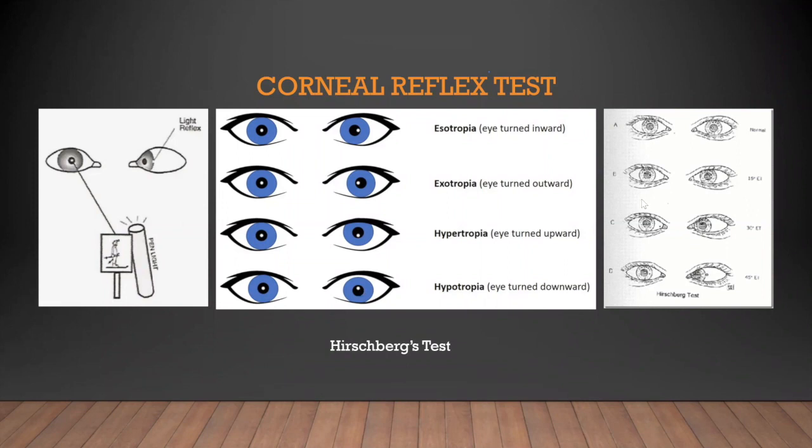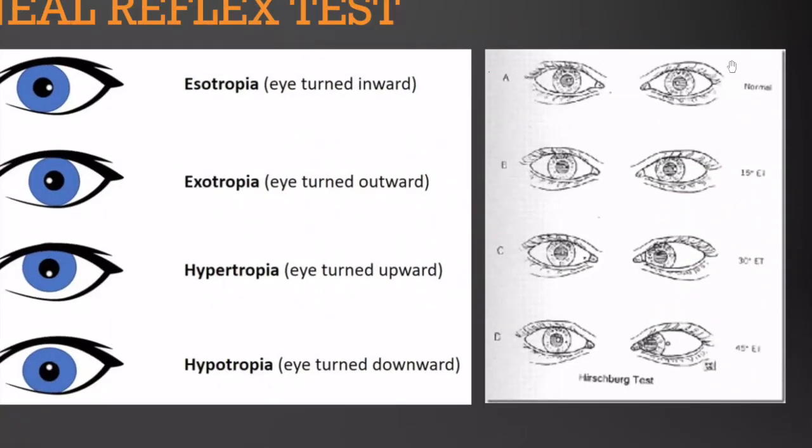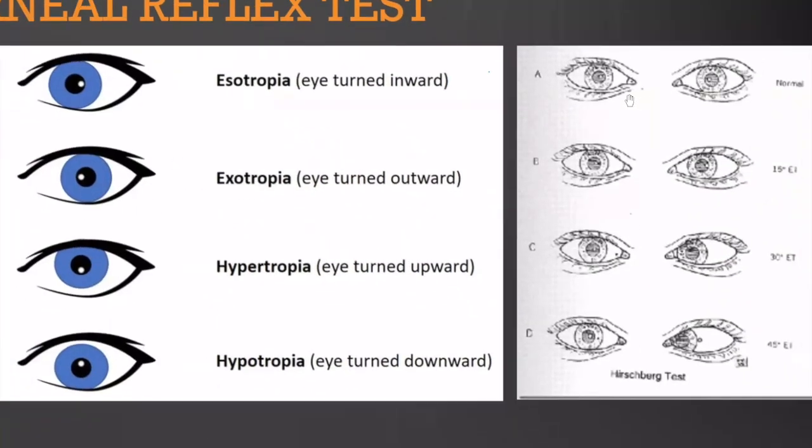Now, there is this very, very old examination which determined the gross estimate of this corneal reflex to tell us in prism diopters the amount of squint. I'm not sure if you can look at this image very clearly, but I'm just going to keep pointing. This is the right eye, which is fixing. And these are different grades or amounts of esotropia, where the left eye is deviated inwards.